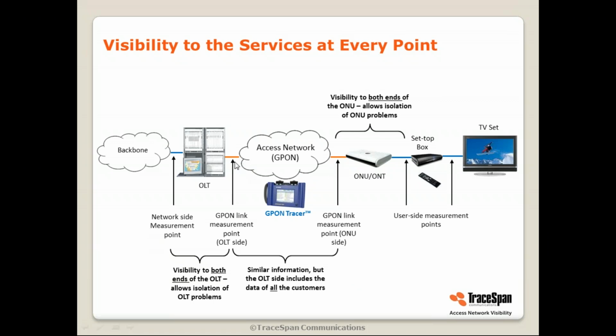At the OLT side, you're seeing the information for all of the ONUs, all the customers, while at the ONU side, you're seeing the same information, but only for this specific customer. So the point is, if you have visibility to all these points, you have an ideal way to troubleshoot where the issue comes from. And we'll see more examples in the dedicated video clips about specific services.